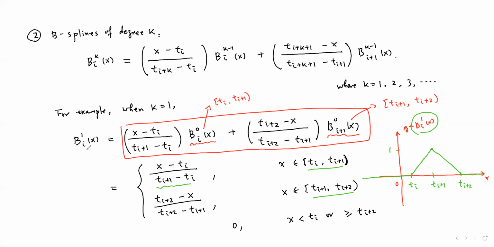It is easy to see similar properties about BI1. Let me make a list of properties about BI1. Number 8. A: BI1 is non-negative.